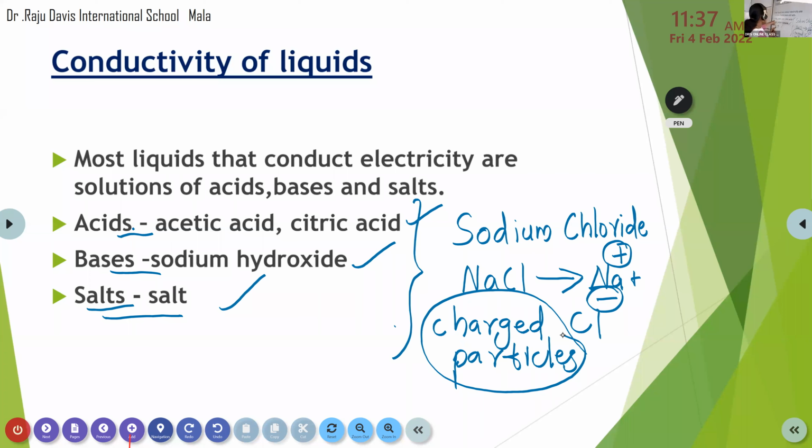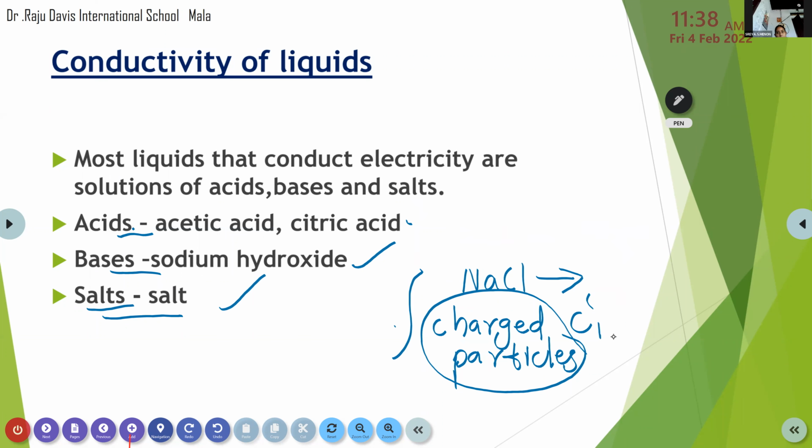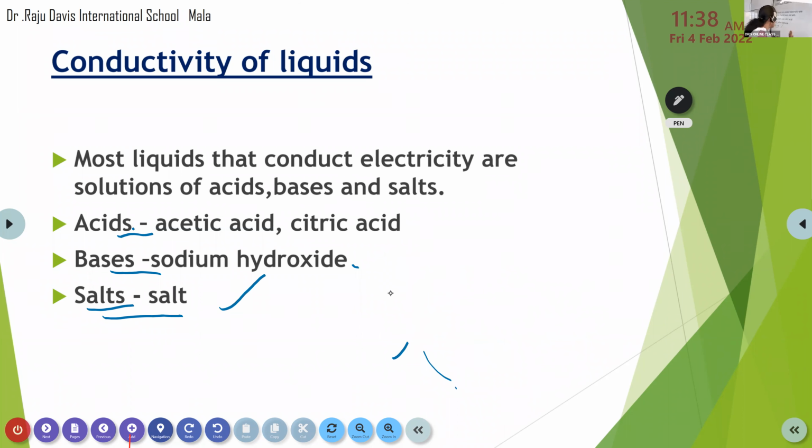If the liquid contains acid, it conducts electricity. If it contains bases, it conducts electricity. If it contains some salt, it also conducts electricity. So we conclude that most liquids that conduct electricity are solutions of acids, bases, or salts. Clear? Yes, ma'am.